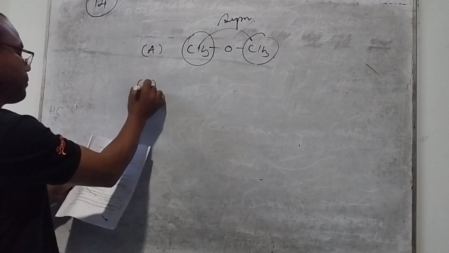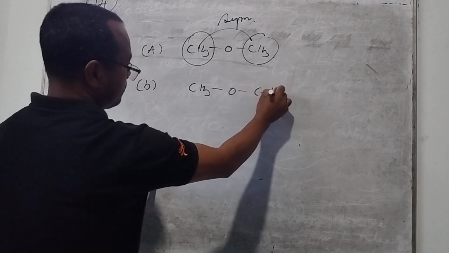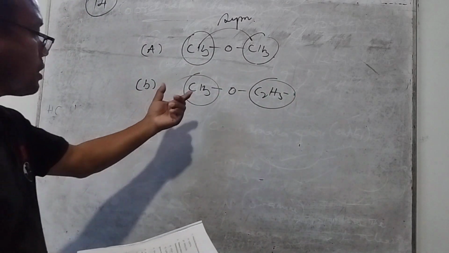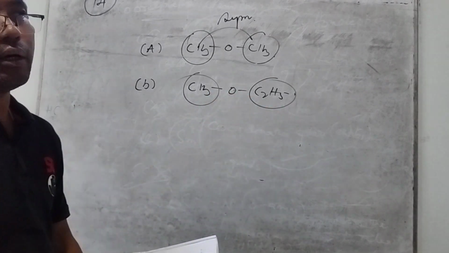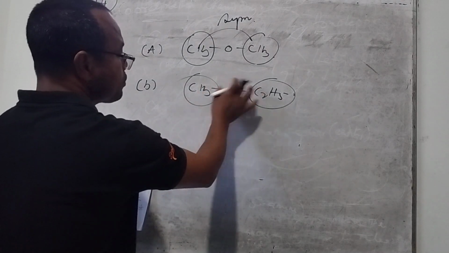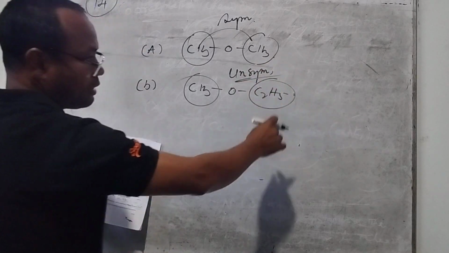Number B. Here, number B also. This is methyl, this is ethyl. What are aliphatic? Hydrocarbons, right? So these two are different, so this type of ether we call unsymmetrical ether.